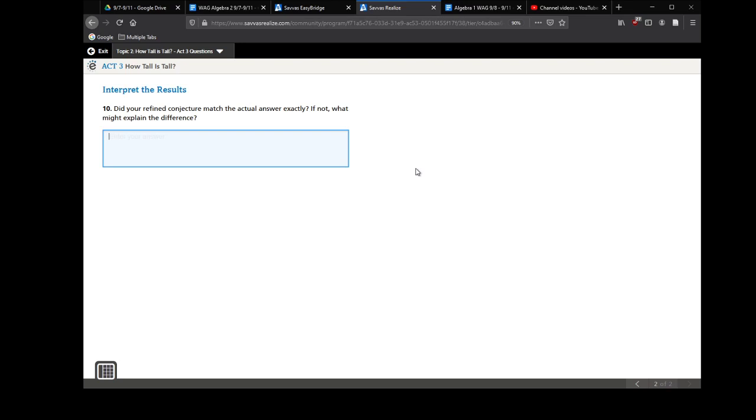A question like number 10 here, where you're trying to figure out the difference between your guess and what your bill was, helps you analyze the real world and understand why things might be different. Make sure that you're really working hard on answering number 10 and thinking through why your answer might be different. What's causing it to be different?